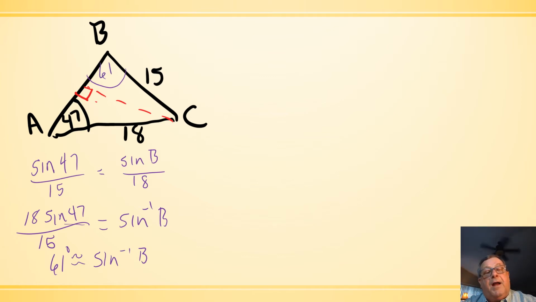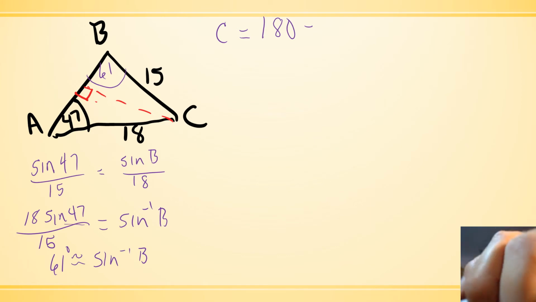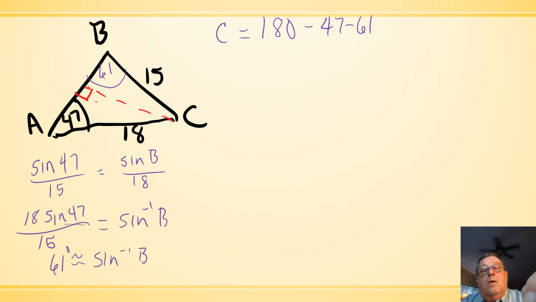Now from there we can find angle C. Angle C equals 180 degrees in a triangle, minus 47, minus 61, which is 72 degrees.